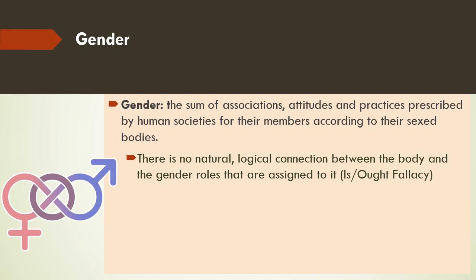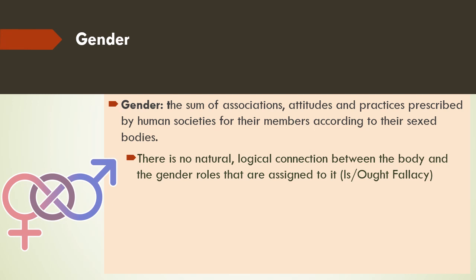So gender is a set of beliefs that we attach to the physical nature of a human being. So we look at a person, we go, you have these physical characteristics. This is your gender that results from that.